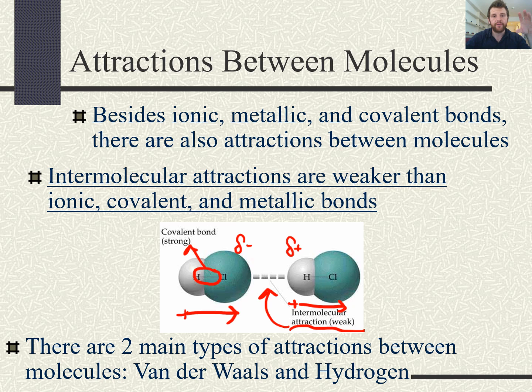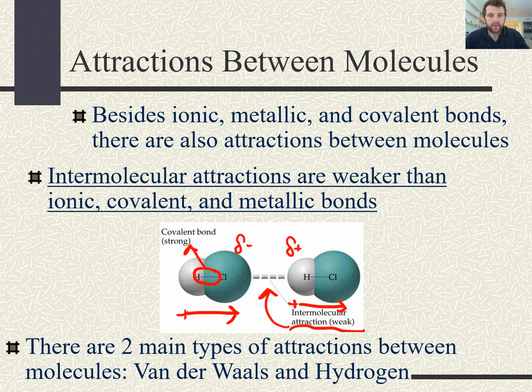So there are different tiers of attractions. In general, intermolecular attractions are weaker than the bonds themselves. So what you'll see is this bond here is going to be very strong.